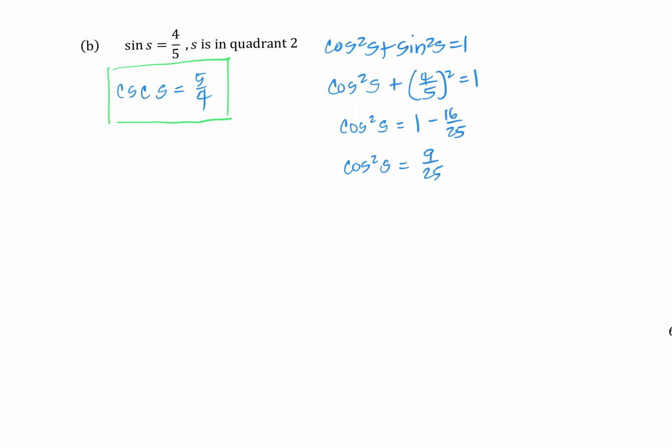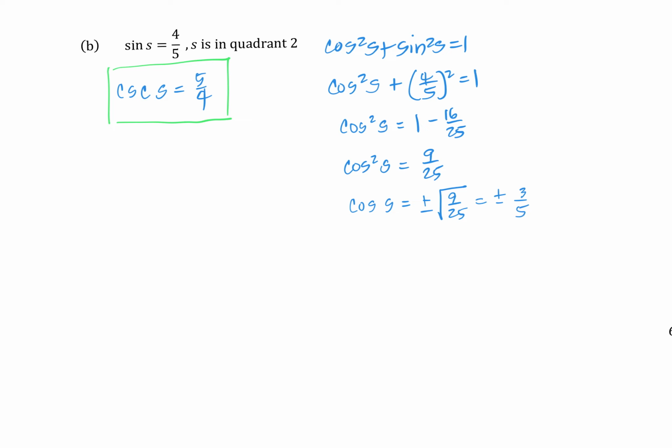And now if I square root both sides, I get cosine of s is equal to plus or minus the square root of 9 over 25. And then the square root of 9 over 25 is 3/5. So that's equal to plus or minus 3 over 5.